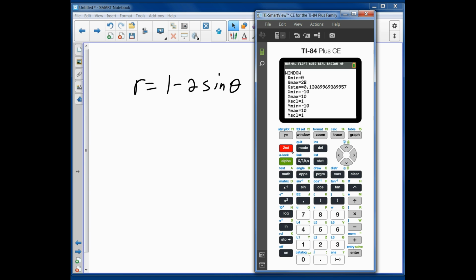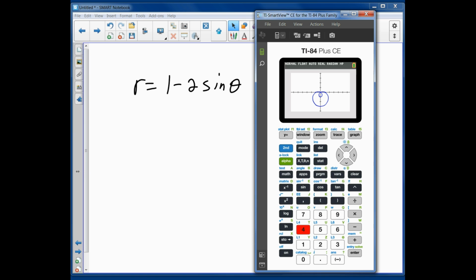Okay. I'm checking out. Now, it says find the area between the outer and the inner. So what we're really trying to find here is, you have this limaçon, and I want to find all of this area, not the center.